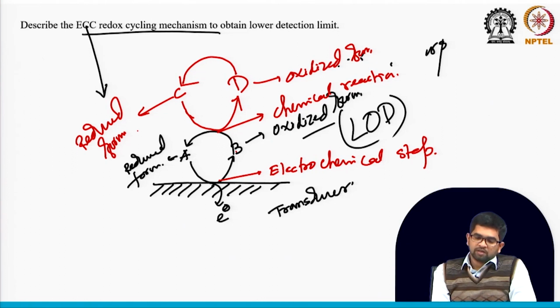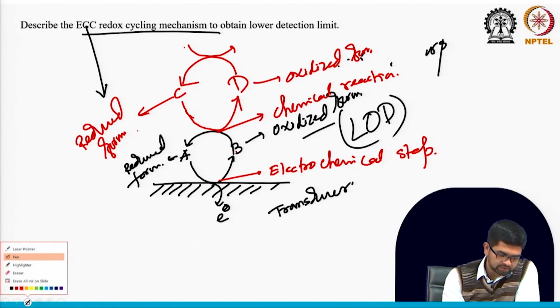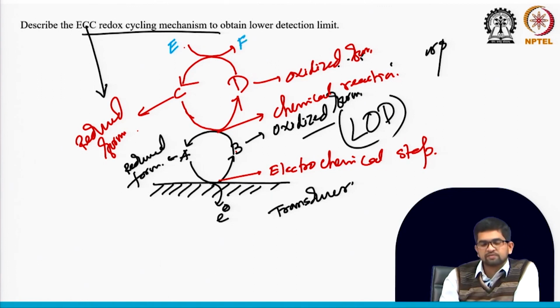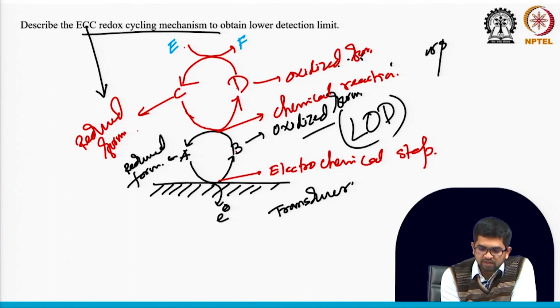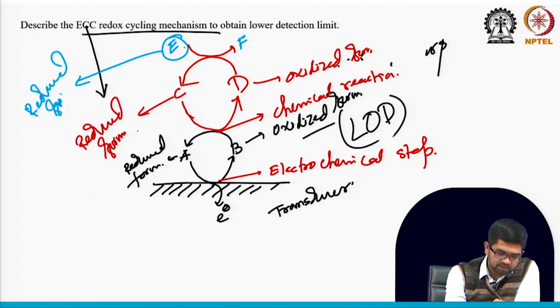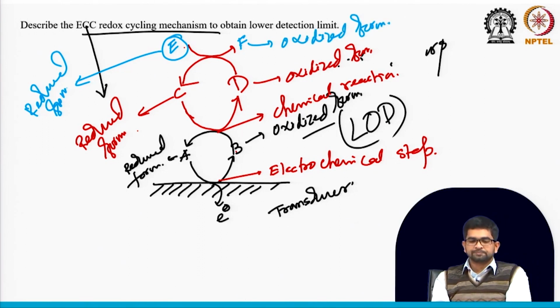right. Now, one more chemical reaction will come, that is D to C. So you need here D to C, means you need one reducing agent, right. So let us put in a reducing agent, any reducing agent. So E to F. So E is the reduced form, E reduced form, and F is the oxidized form, clear.